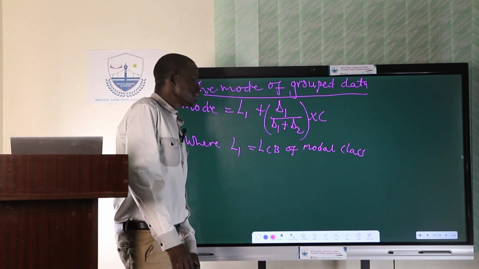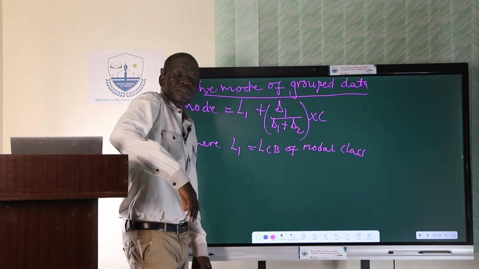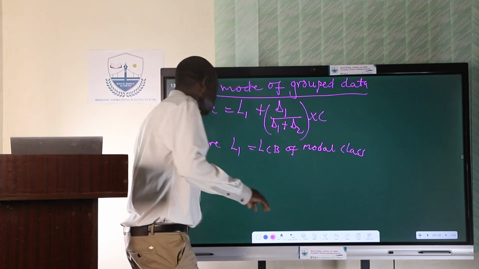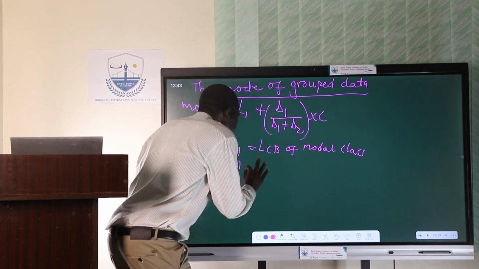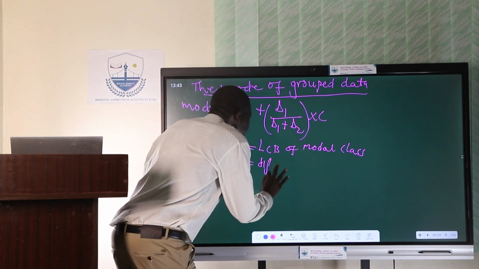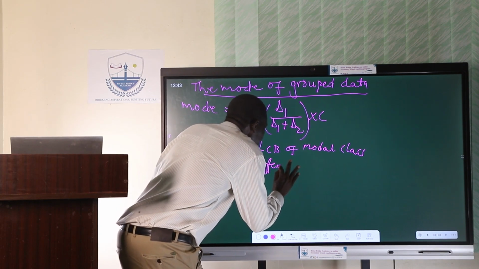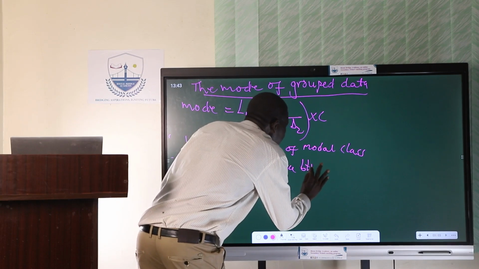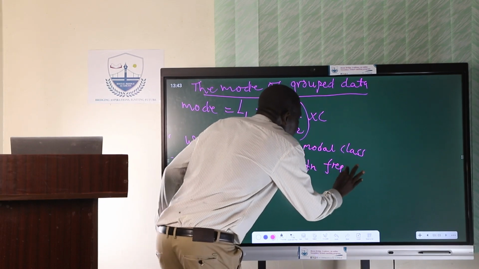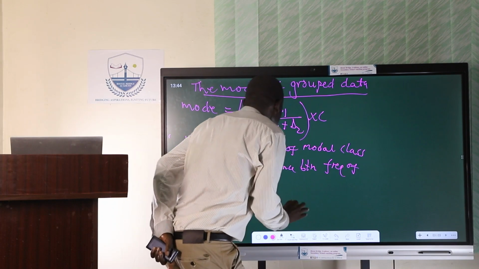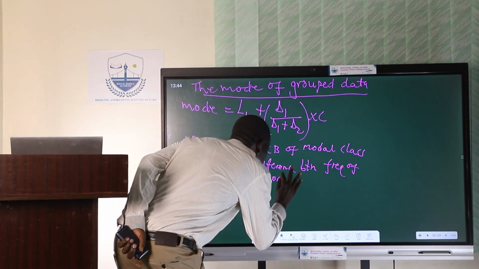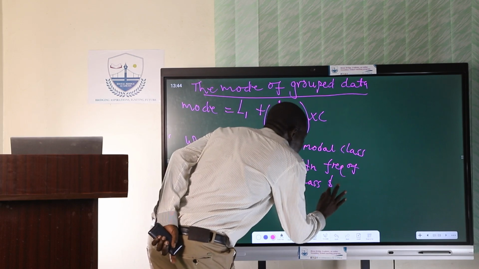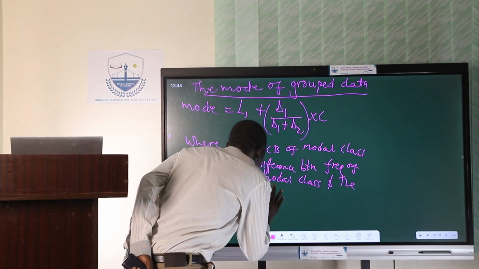D1 is the difference between the frequency of the modal class and the one before it.